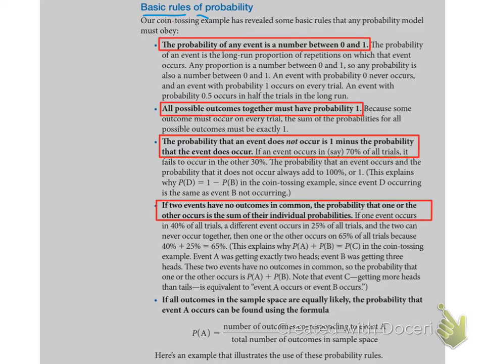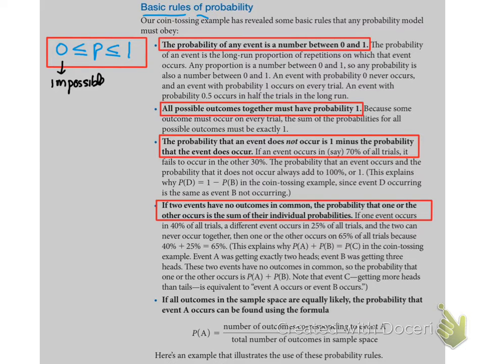So basically, what does it mean? For the very first one, you have to keep in mind that probability is always between 0 and 1. It cannot be less than 0 and cannot be more than 1. A probability of 0 means the event is impossible.